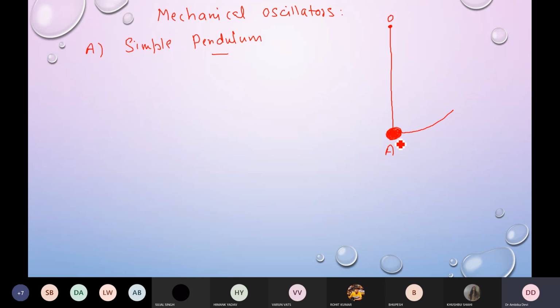At any point of time, when the bob of the pendulum is displaced a little from the initial position, it begins to vibrate around the equilibrium position, and the motion of the bob is said to be simple harmonic motion. You know that, right?